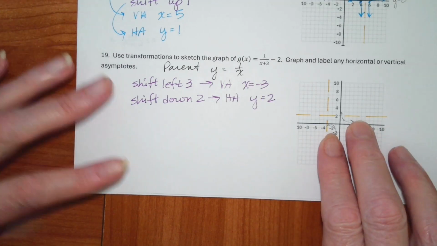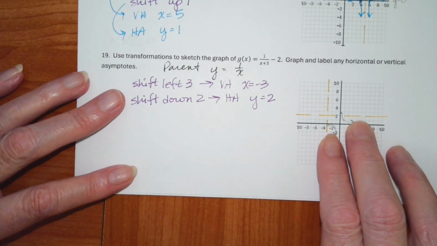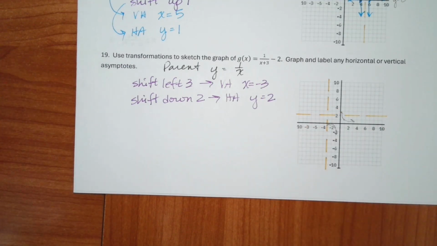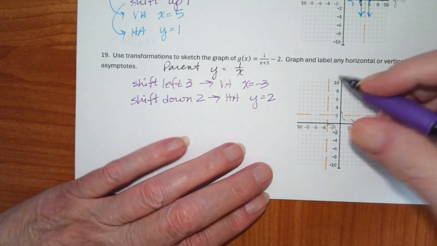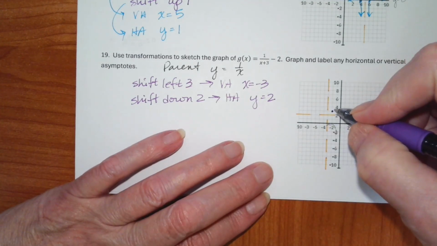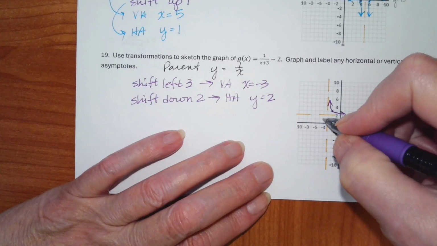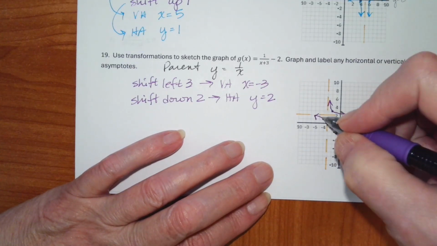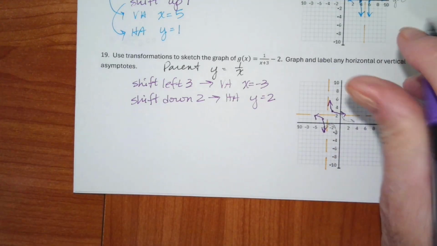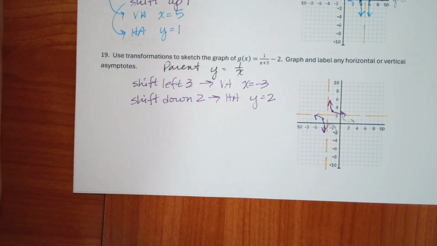And then I've not done any stretch, shrink, reflection, anything. I just move these points up here. So this becomes a point here, and this becomes a point here. And I have my graph.